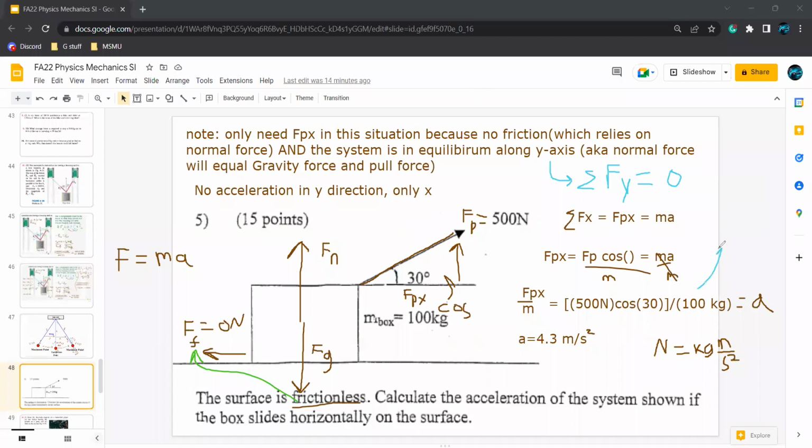You see that you have kilograms times meters over second squared divided by kilograms, which is meters over second squared. Those cancel out. And that's what you expect for acceleration, right?